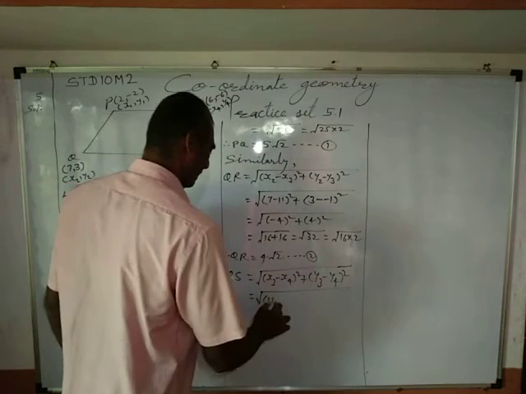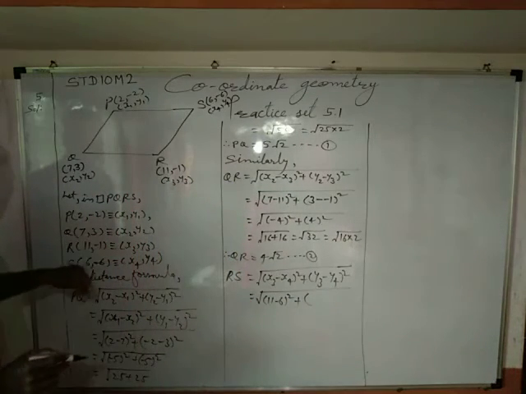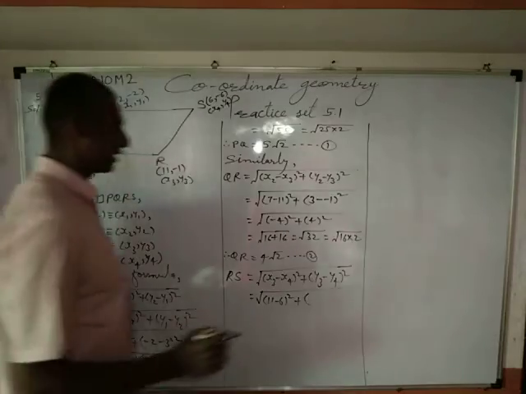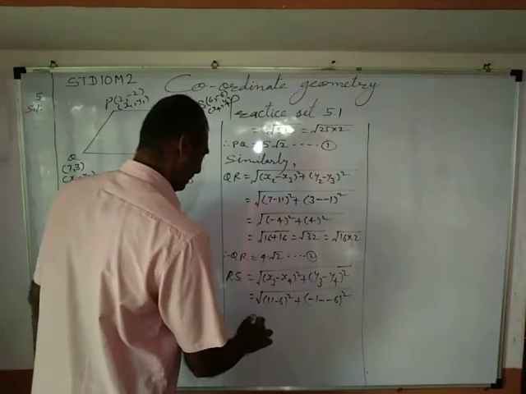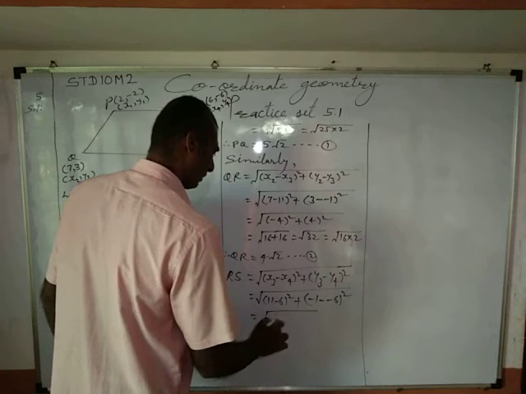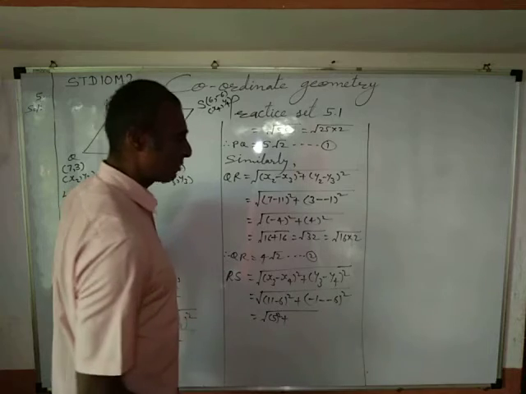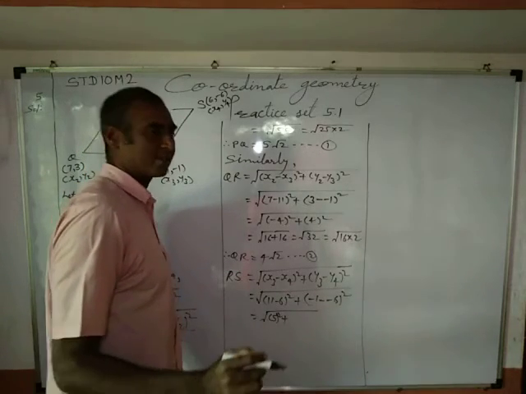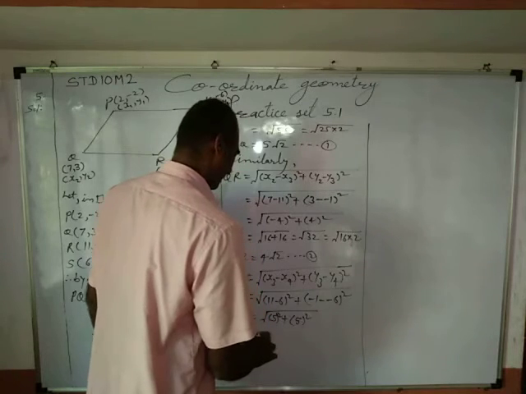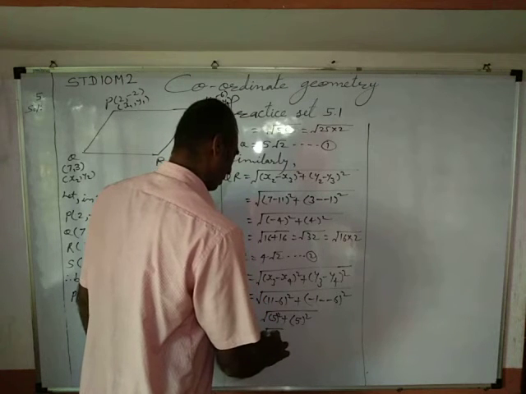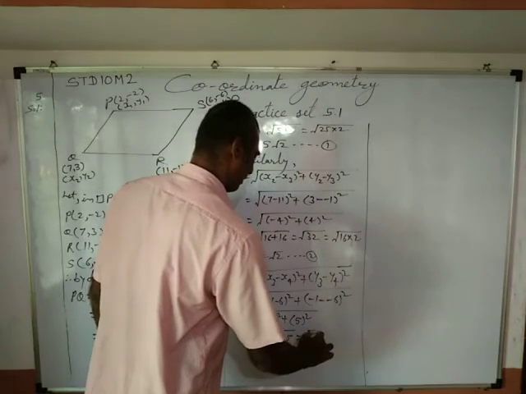That's why it will be (11 minus 6) square plus (y3 minus y4, means minus 1 minus minus 6) square, equals under root 5 square plus (minus 1 plus 6) square, minus 1 plus 6 is 5, its square, equals under root 25 plus 25 equals root of 50.